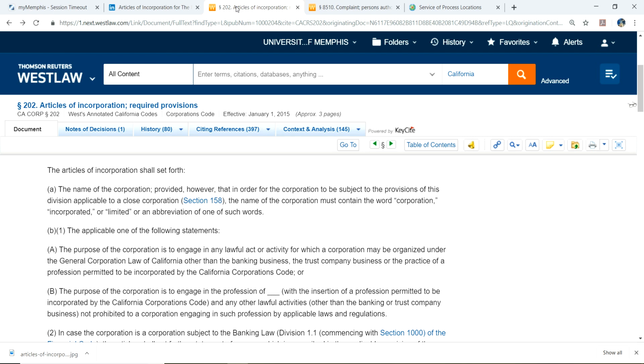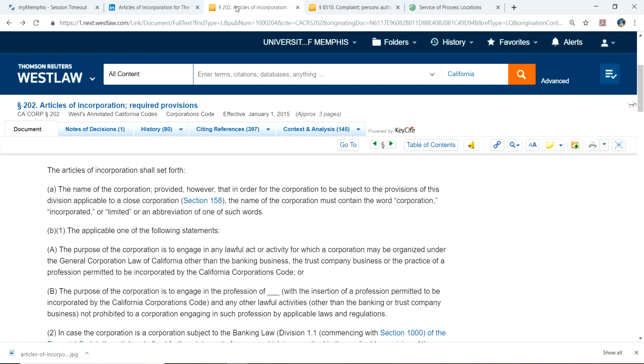And under Section B1, the applicable one of the following statements. Subsection A, the purpose of the corporation is to engage in a lawful act or activity for which a corporation may be organized under the general corporation law of California, unless it's some type of banking or trust company or the practice of a profession permitted to be incorporated by the California Corporation Code.